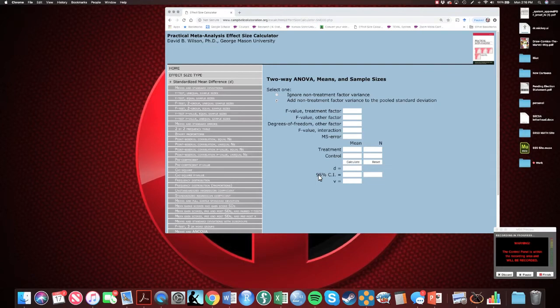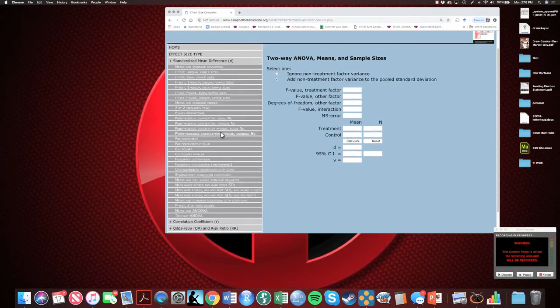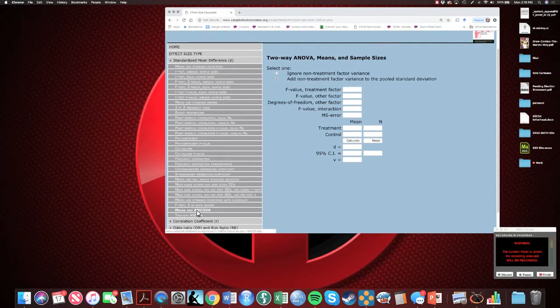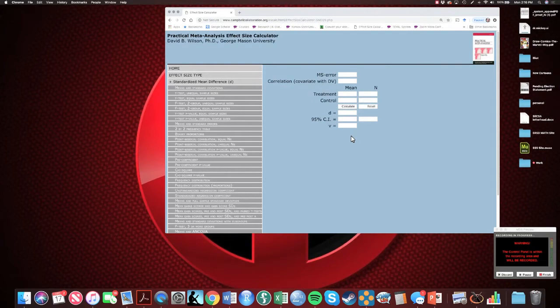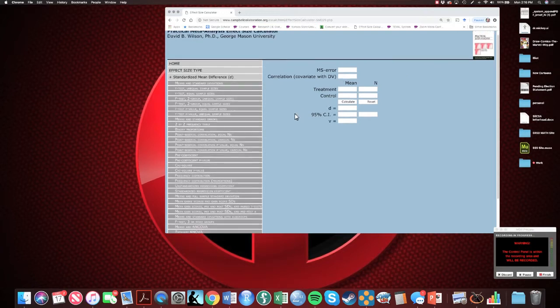So your job is going to be to find, even though it can be kind of difficult, an article that was a group design, and then calculate an effect size from it. Again, we want to start with means and standard deviations. If we can, we want to do means from an ANCOVA, but then you're going to have to find this information, which is probably not there.